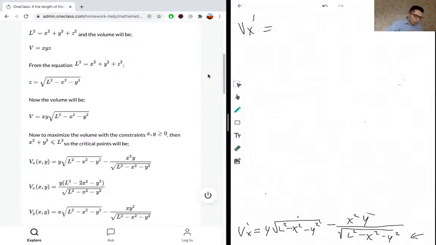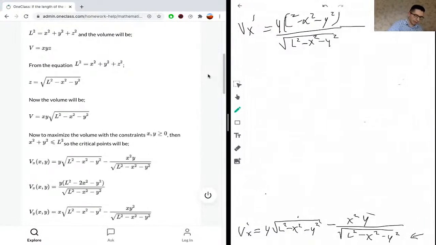Because we're multiplying square roots, the top will just be L squared minus x squared minus y squared, and then the bottom will just be the same, the square root of L squared minus x squared minus y squared.